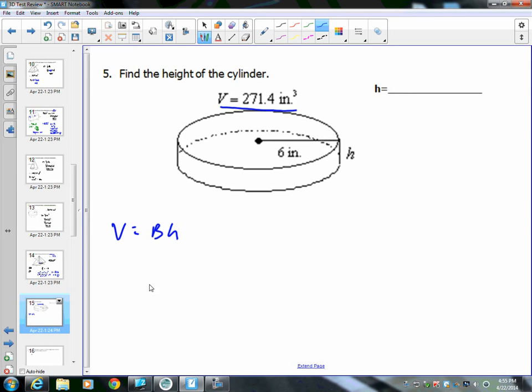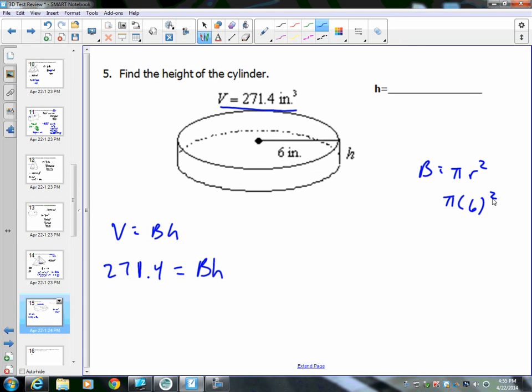So let's go ahead and do that. Volume I already know, so I'm going to plug that in. Volume is 271.4, and that's equal to big B times h. Remember, big B is pi r squared, because big B stands for the area of the base, and the base is a circle. The area of a circle is pi r squared. We know the radius of this base is 6.